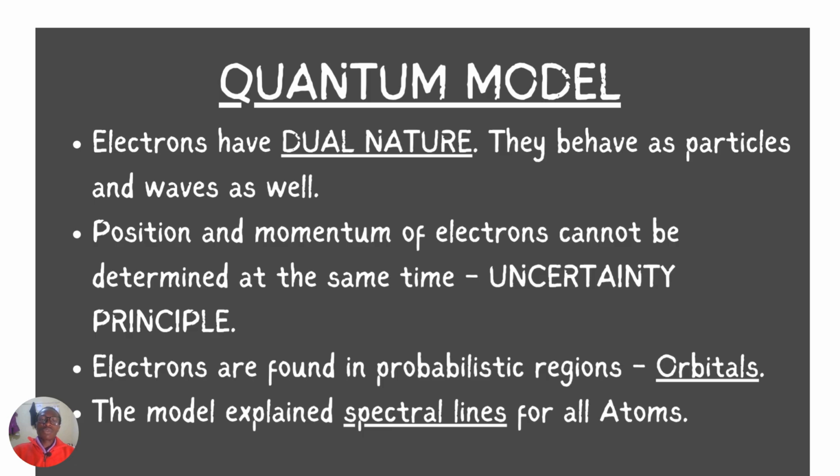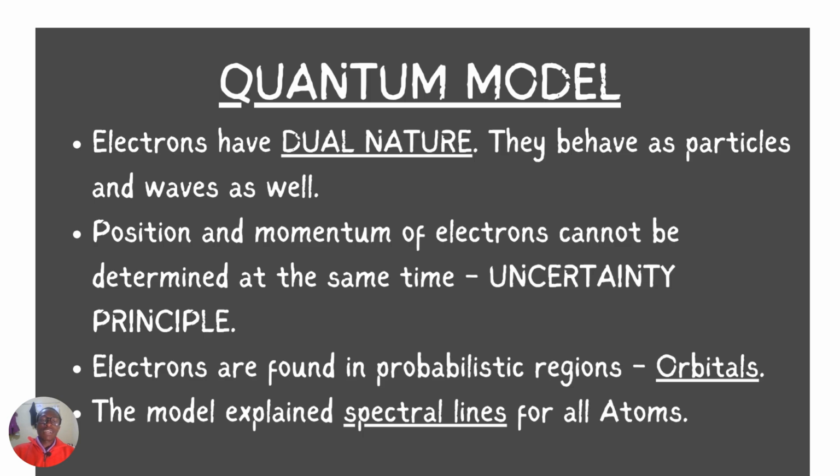Another postulate on which this model hangs is that the position and momentum of electrons cannot be determined at the same time, simultaneously. This is called the Heisenberg uncertainty principle. It is one of the weaknesses of the model, but it was a painful revelation that you'll have to live with.